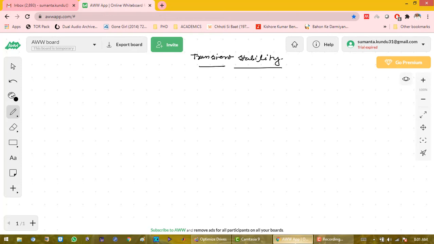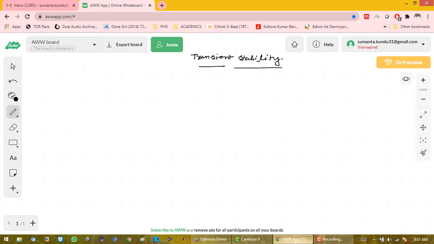During starting, braking, speed change and speed reversal. So, these are the few occasions when the transient comes into the picture: starting, braking, speed change, speed reversal.